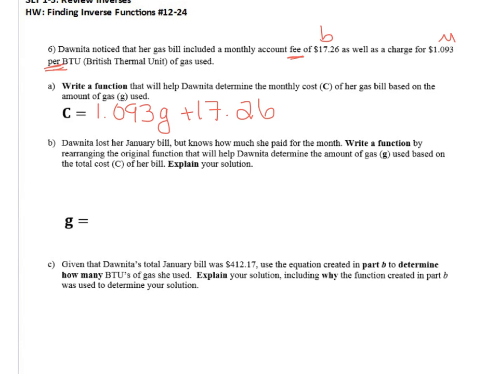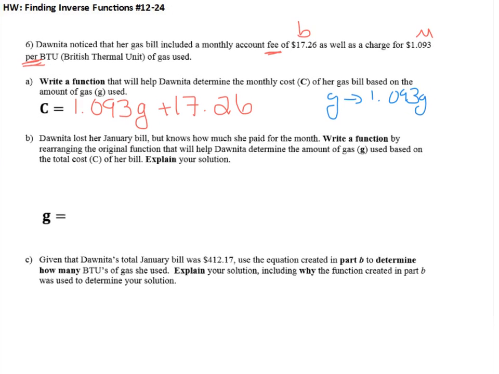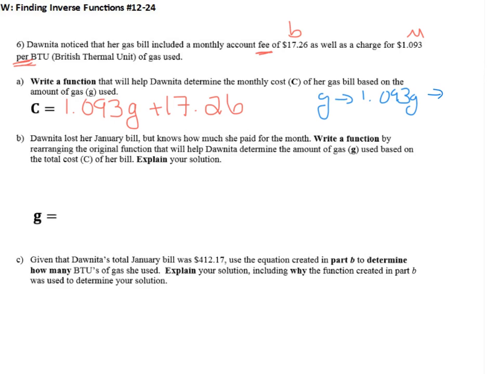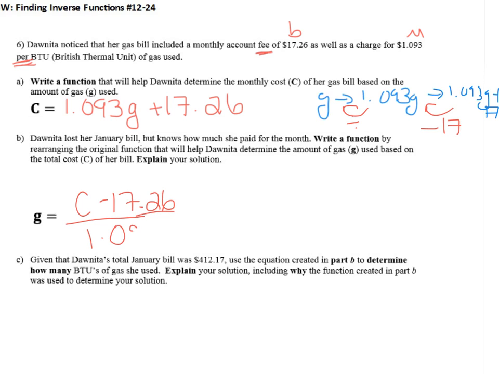So to find the inverse, first we had g, then we multiplied it by 1.093, and then we added the 17.26. So going backwards, subtract the 17.26, and then divide. So that is going to be cost minus 17.26 divided by 1.093.